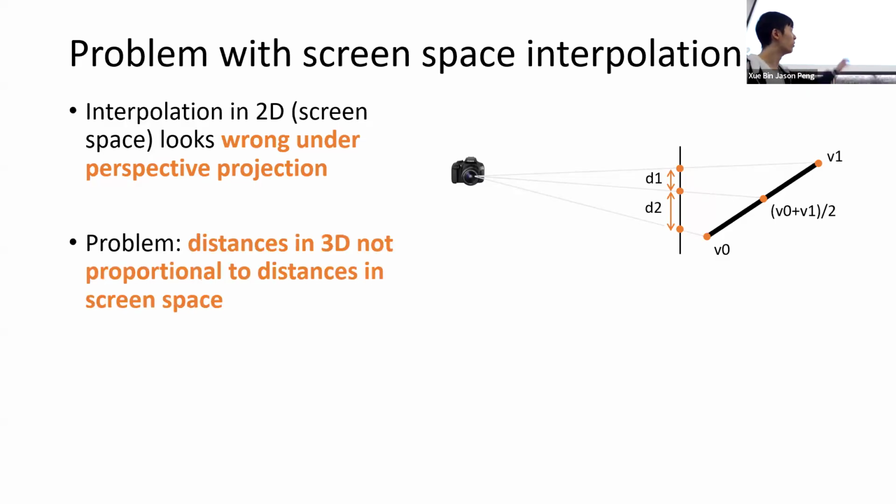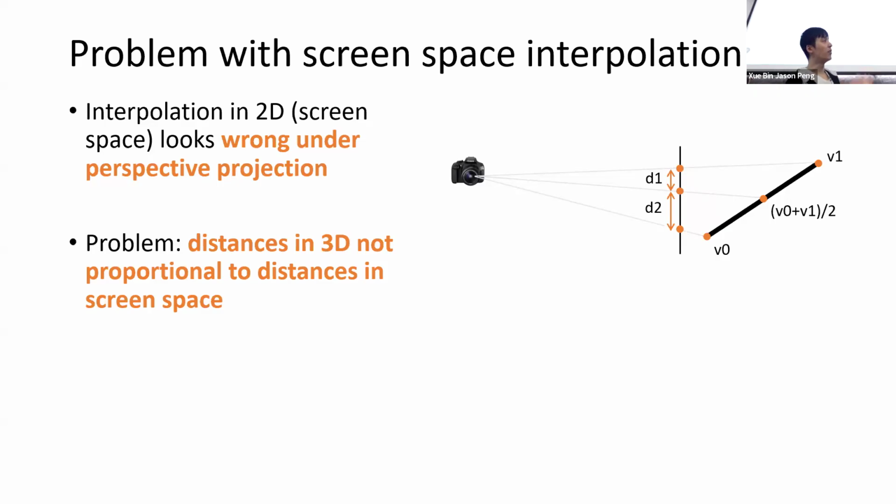So even though the midpoint in the 3D coordinate system is equal distance to both V0 and V1, after they have been projected onto the image plane, the midpoint is no longer equal distance between the two endpoints.